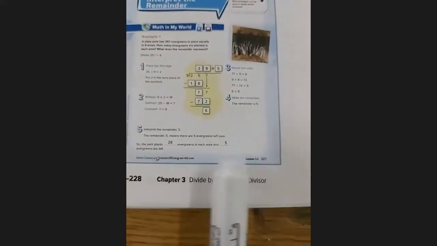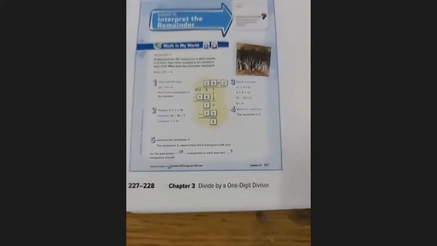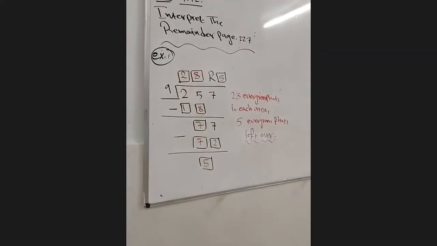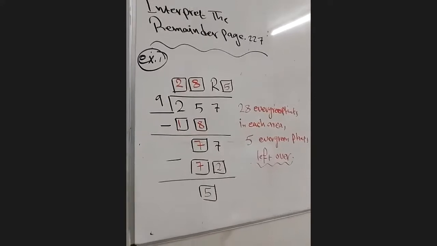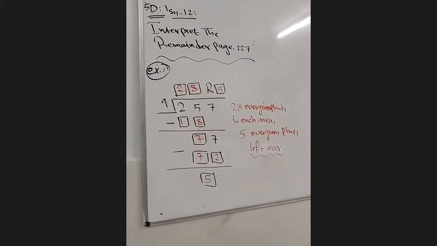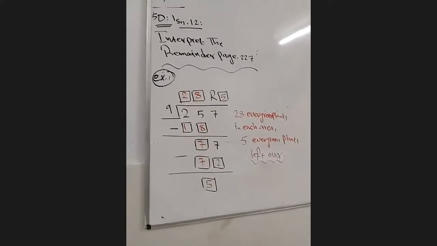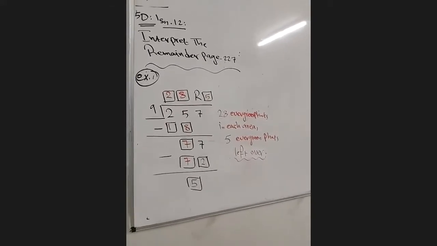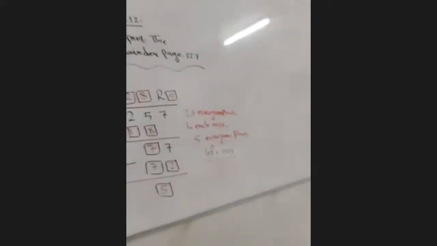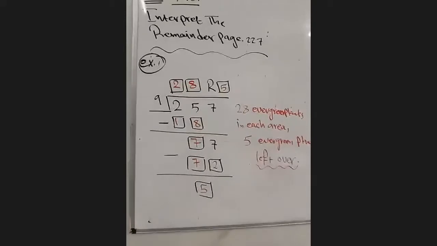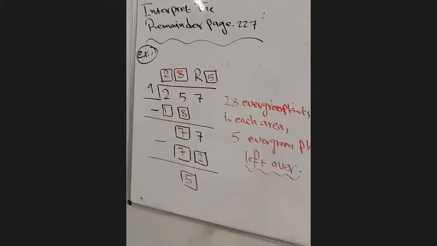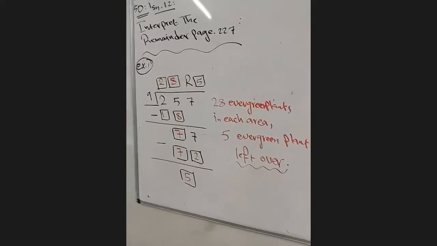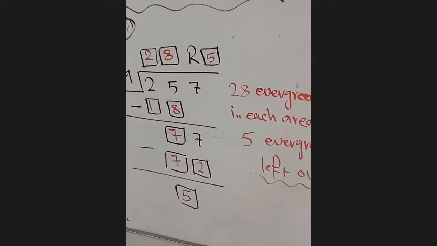So 28, 5, and fill the squares with the numbers we did with Kareem. This is example 1, guys. Fill the squares and down 28 then 5.